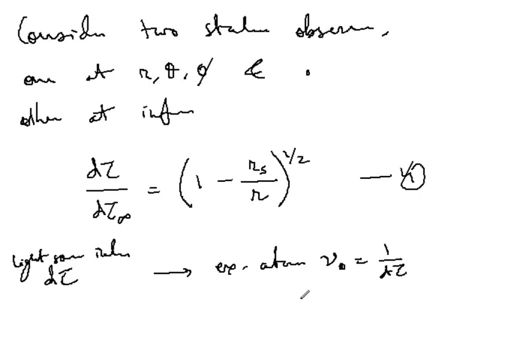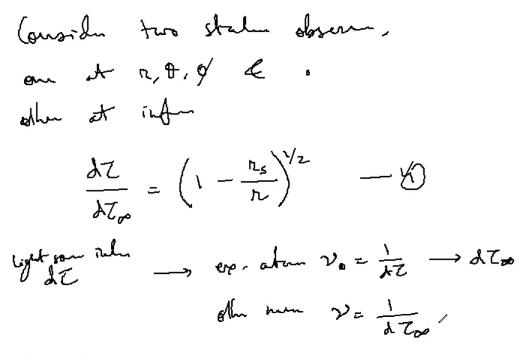Then the other one receives the signals and measures the intervals in his own proper time as what? d tau infinity, right? That is, he measures another frequency. So the other measures his frequency as basically 1 by d tau infinity.